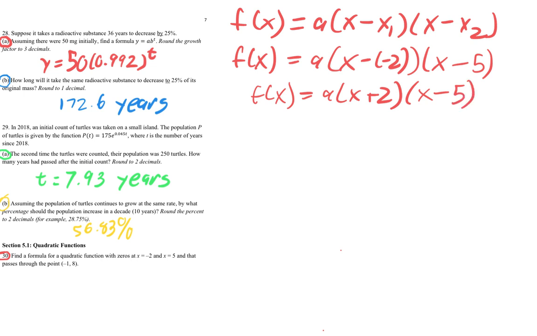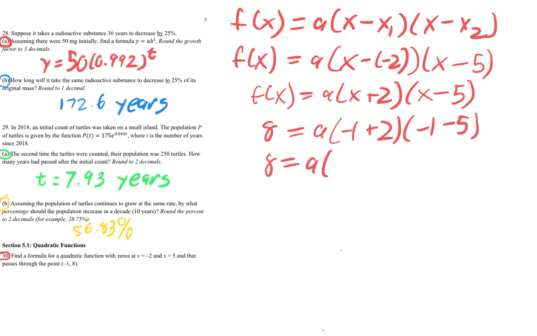So what we want to find is our a value to have our equation, right? So what we're going to do is plug in 8 for f of x and negative 1 for x because of our point. So negative 1 plus 2 times negative 1 minus 5. So we're left with 8 is equal to a times 1 times negative 6, right?